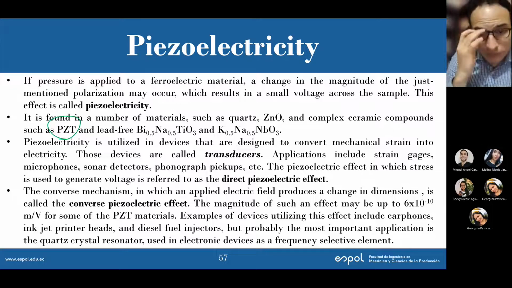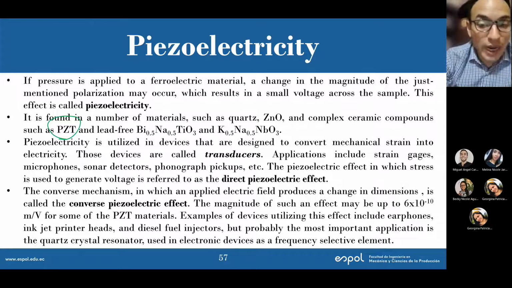and that can generate, usually, let's say in an order of magnitude of 10 to the negative 10 meters per volt. Okay, and remember the PZT materials are the best for that, and that is utilized, for example, in earphones, inkjet printer heads, diesel fuel injectors, and obviously the most important application is quartz crystal resonators for clocks.